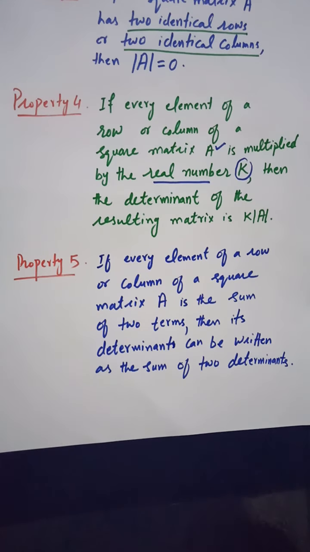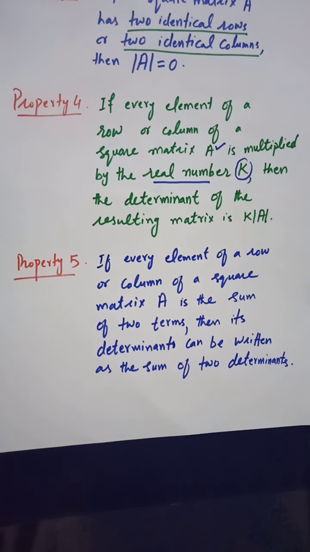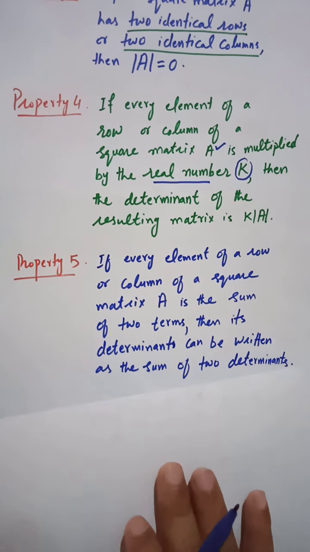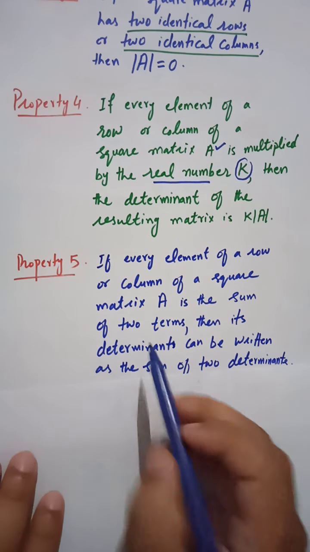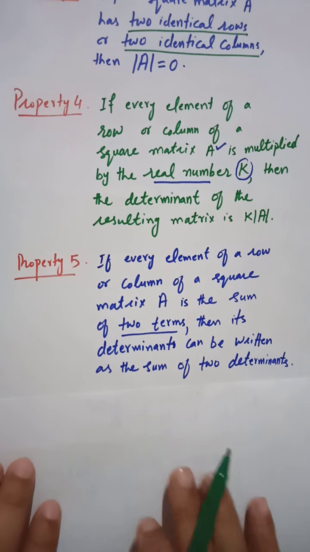Now moving to property number 5. Property number 5 is: if every element of a row or a column of a square matrix A is the sum of 2 terms, then its determinant can be written as the sum of 2 determinants. What does it mean?